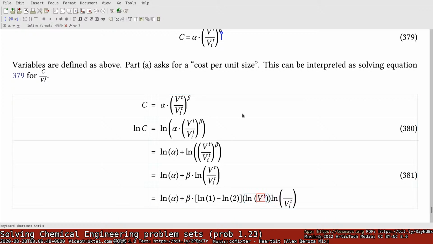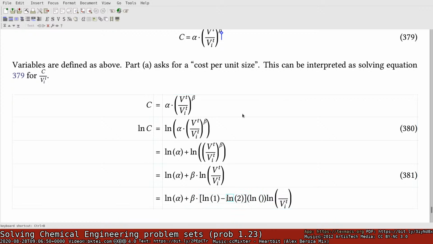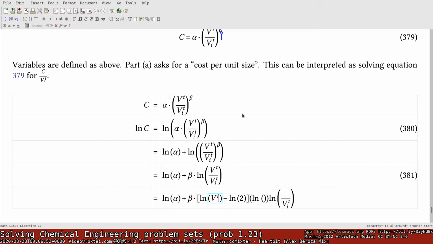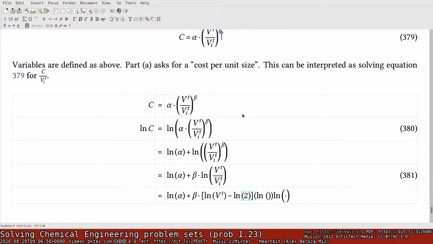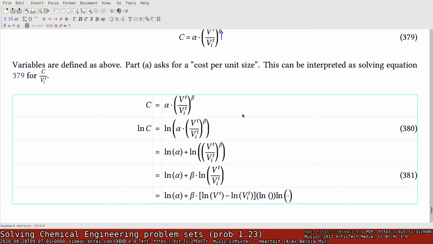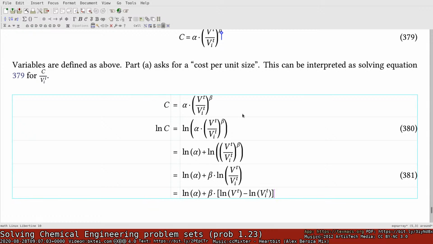That first something will be this quantity. Next natural log will be this other quantity. Okay. And that.